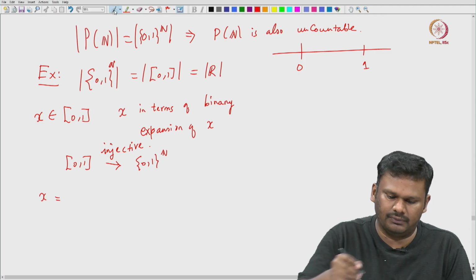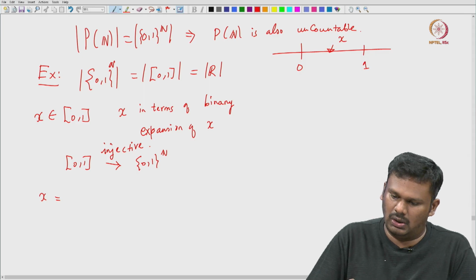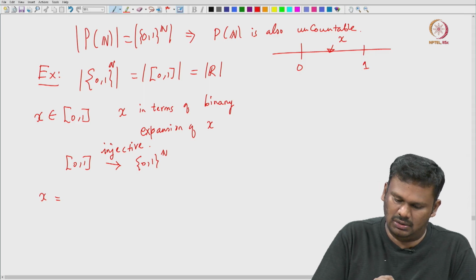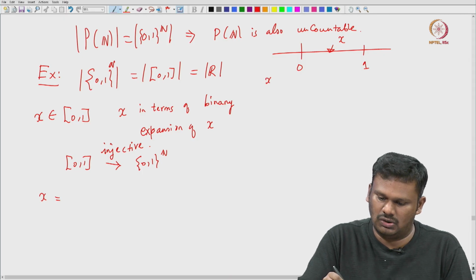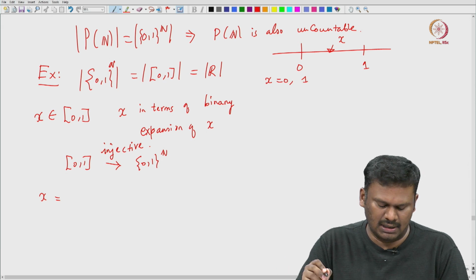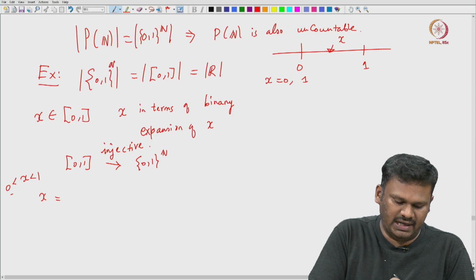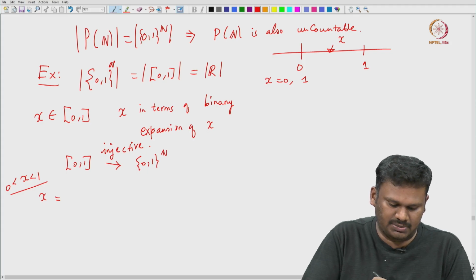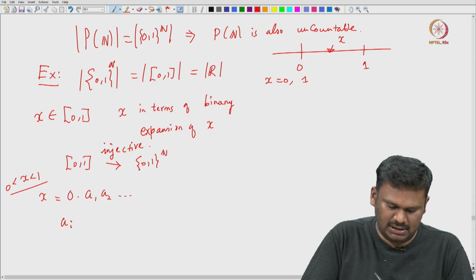So, if you actually recall the binary expansion of x, when x is equal to 0 or 1, their binary expansions are very clear. So, now if x is actually coming from 0 and 1, then it is not difficult to see the binary expansion of this is going to look like 0 point some a 1, a 2 and so on, where these a i's will come from 0 comma 1.